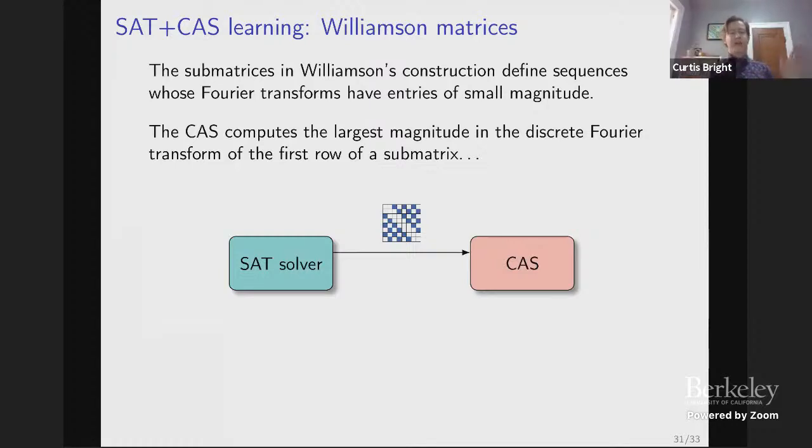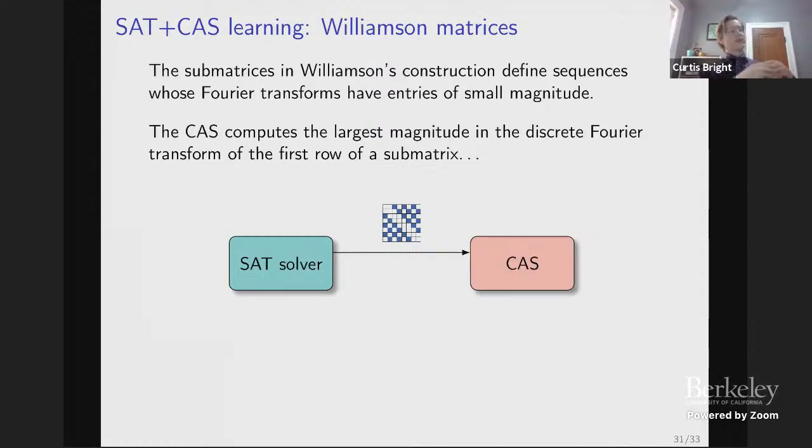So remember when I had my Hadamard matrix, I had the submatrices each colored in a different color. There's a theorem saying that the discrete Fourier transform of the entries in one of the submatrices must have entries of small magnitude if it's to be a Hadamard matrix, and this can be proven.